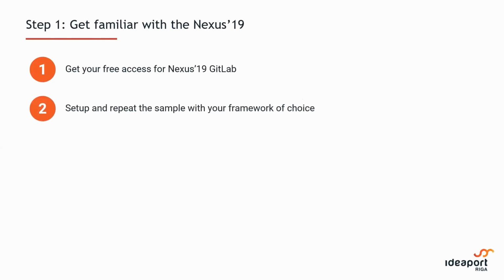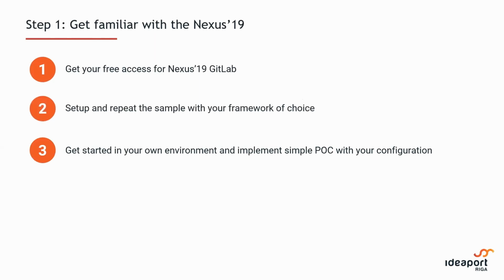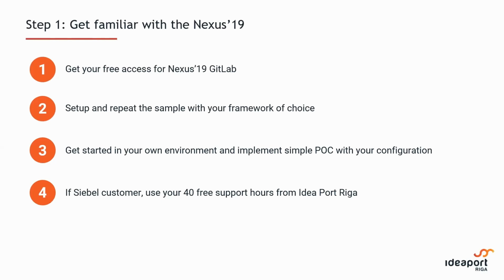So you get yourself started. You repeat some of the samples we have developed there as well. Then you try to use Nexus'19 in your own environment and implement very simple POCs with your configuration, because that's where the most fun starts, with something that looks familiar to you and your users.